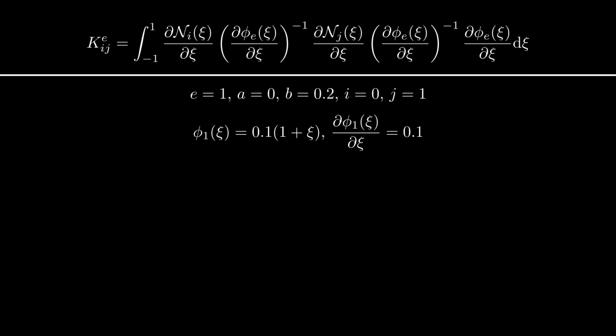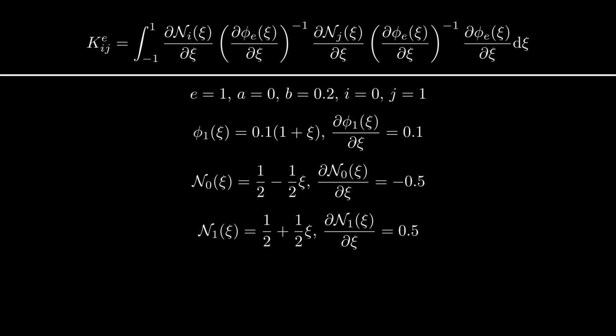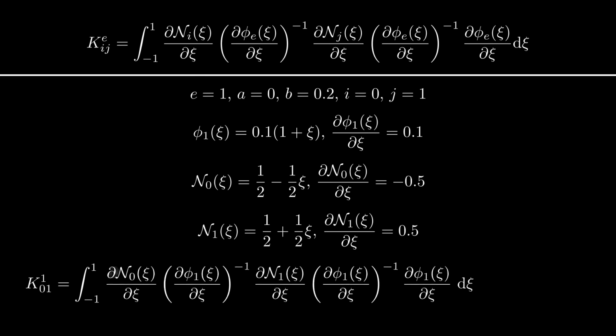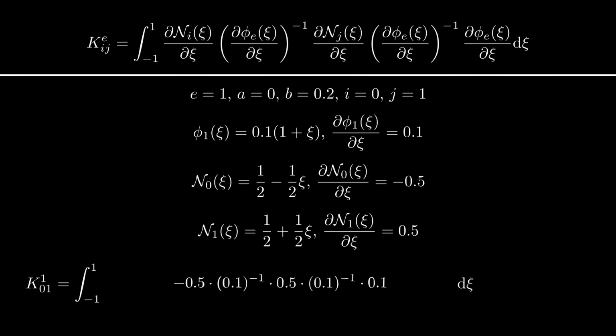We also need the shape functions curly N0 and its derivative, and the shape function curly N1 and its derivative. By substituting everything into the integrand, we find that the integrand is minus 2.5. We finally apply Gaussian quadrature and the integral computes to minus 5.